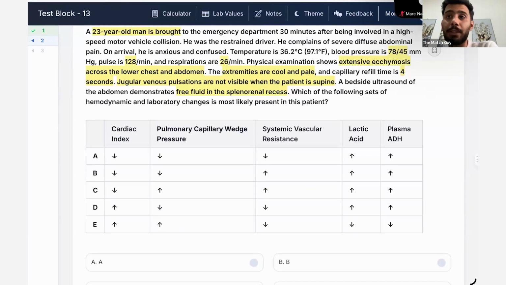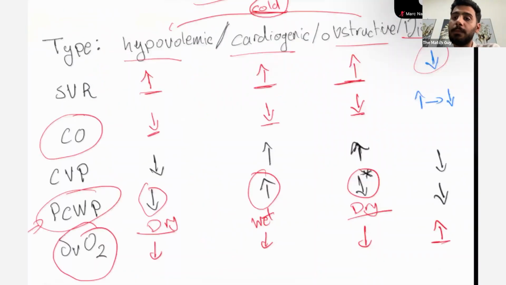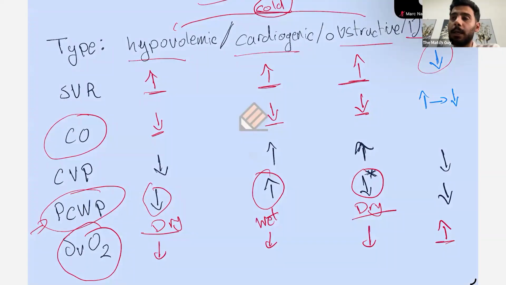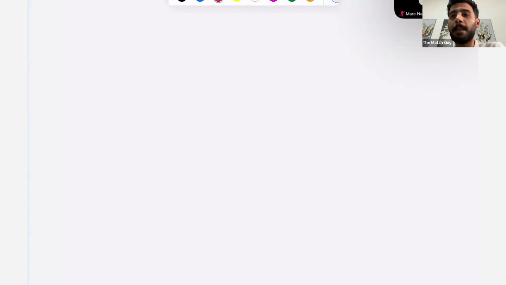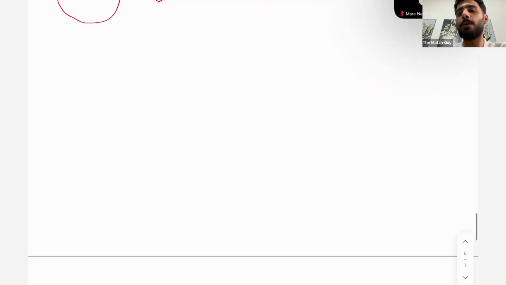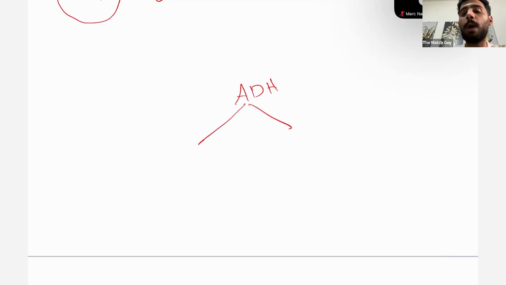And plasma ADH, antidiuretic hormone, is a hormone that has 2 stimuli. Just to explain a little bit about ADH before we do this question. ADH is a hormone that has 2 main stimuli to be secreted. One is an increase in osmolality. And number 2, it is hypovolemia.